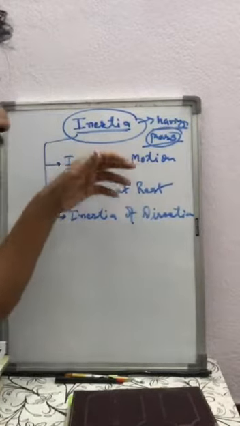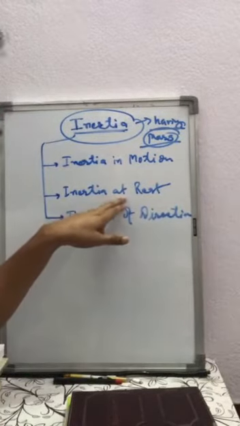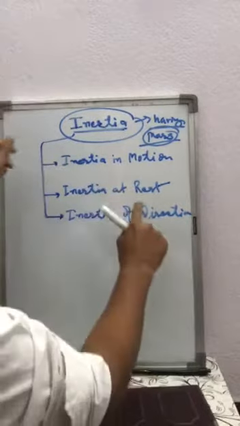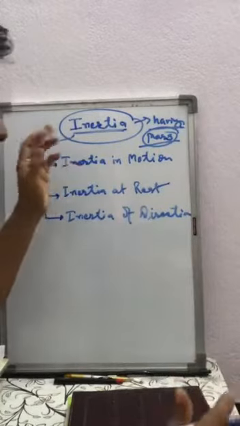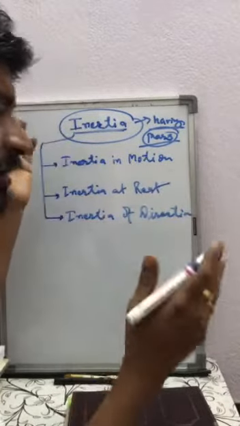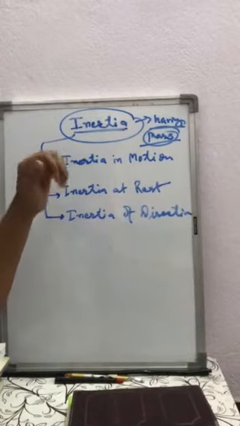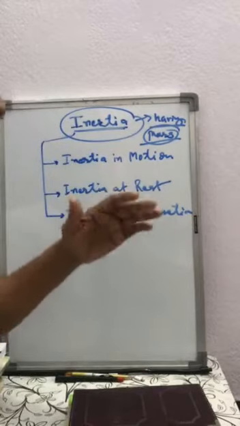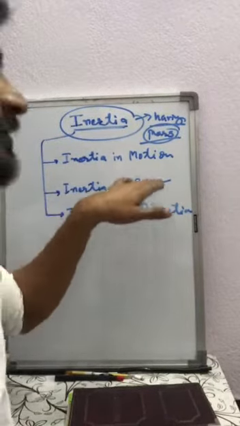Inertia at rest of a massive body is defined as the property due to which a body maintains its state of absolute rest. जो भी बॉडी हम देखते होंगे, कई सारी बिल्डिंग्स हैं, ट्री हैं, वो एंशिएंट टाइम से अपने जगह पे हैं. दे आर इन द प्रॉपर्टी ऑफ इनर्शिया एट रेस्ट.